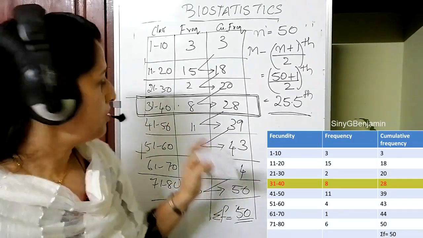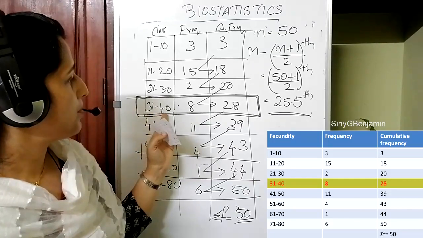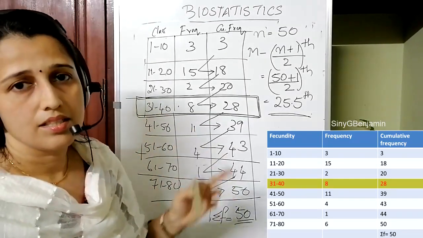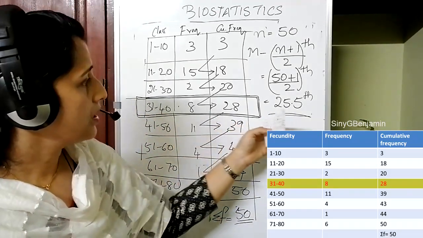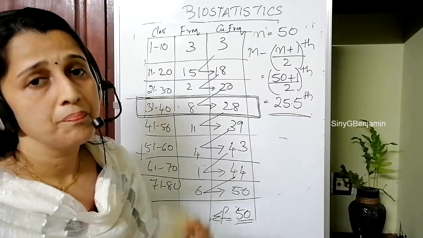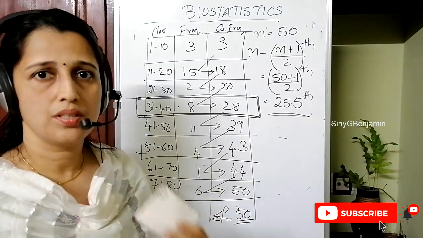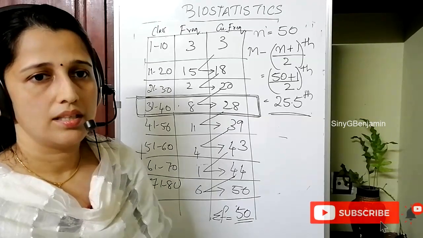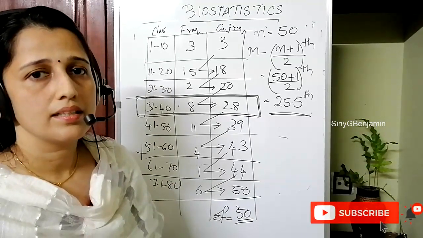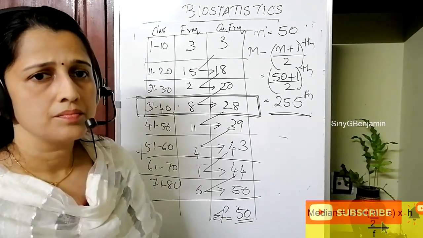Now let's see. So this class, that is 31 to 40 in class interval, is the interval in which the 25.5th item lies. Now let's substitute the values in the equation I mentioned earlier, that is displayed here.